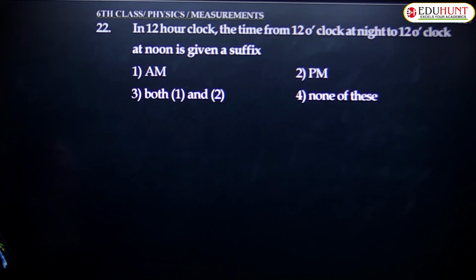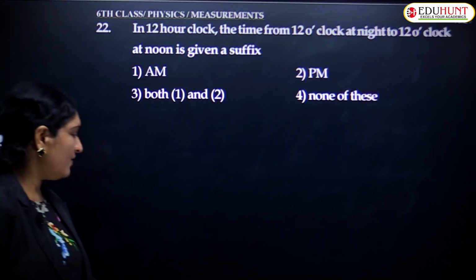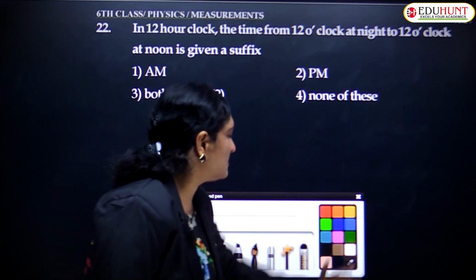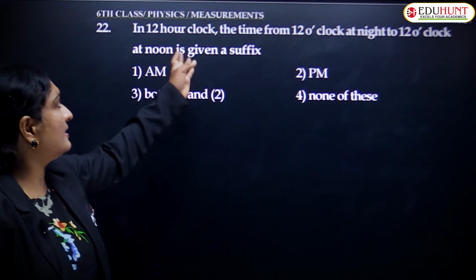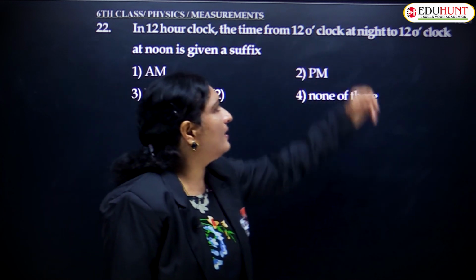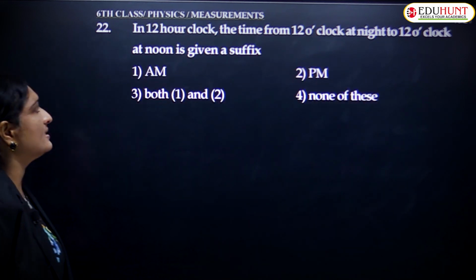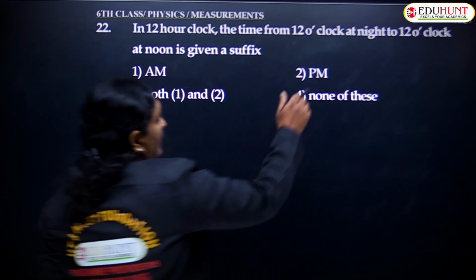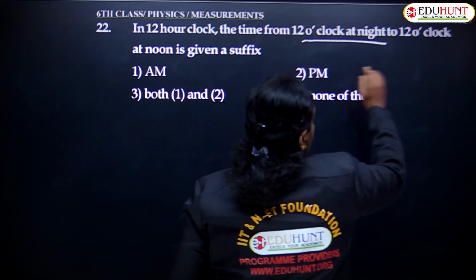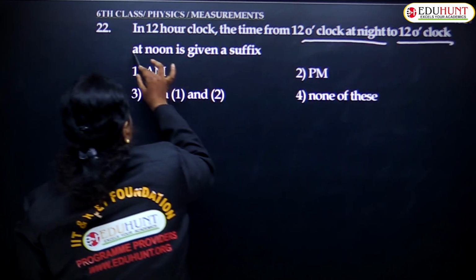Next, in a 12-hour clock, the time from 12 o'clock, this we need to concentrate on, children. In a 12-hour clock, the time from 12 o'clock at night to 12 o'clock at noon is given with a suffix. When it started, 12 o'clock night, it ended again at 12 o'clock noon.